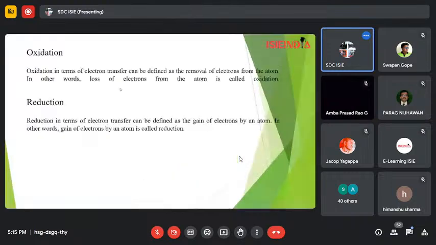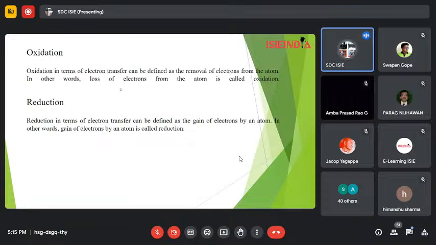Oxidation. In terms of electron transfer, it can be defined as removal of electrons from the atom. In other words, the loss of electrons from the atom is called oxidation. Whenever an atom loses an electron, it is known as oxidation.